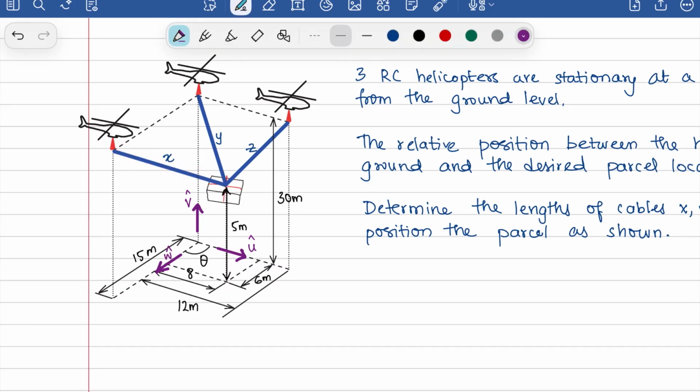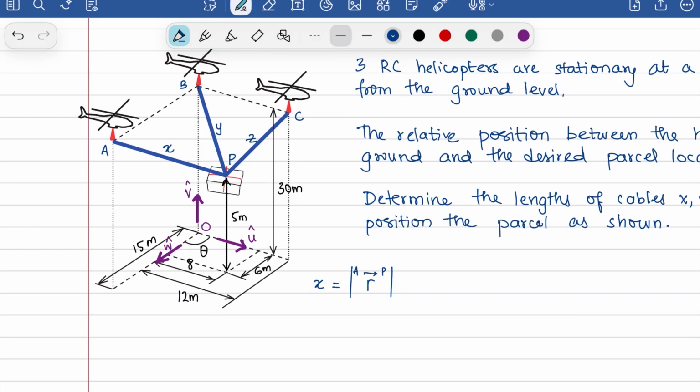So if I now want to do that, I want to define some names for these points. I'm going to call this point A, this point B, and this is point C. And this parcel here, I'm going to call it P, and I'm going to define the origin of this reference frame as O. Okay, so essentially, if I can write down a position vector from A to P, let's say, in some way, then the magnitude of this is your x.